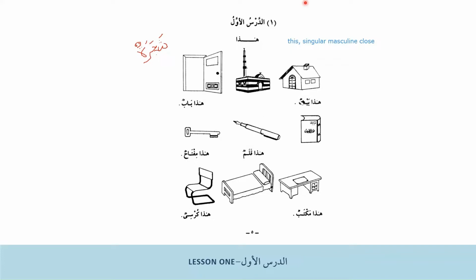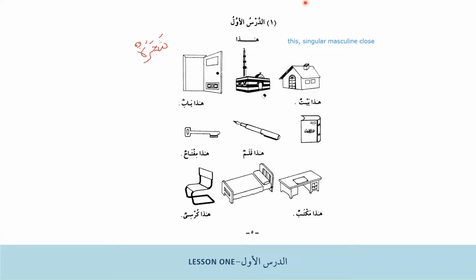Now next to هذا بيت, this is a house, we have another building. We want to point at this building and it's close. So how would we point at this building here, this picture? هذا مسجد.